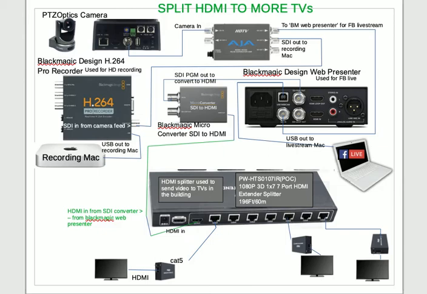HDMI in, output Cat5 power over Ethernet, and at the televisions, a dongle that converts Cat5 to HDMI. This is power over Ethernet, so this dongle, Balun does not need to be powered at the source. It comes from the source.